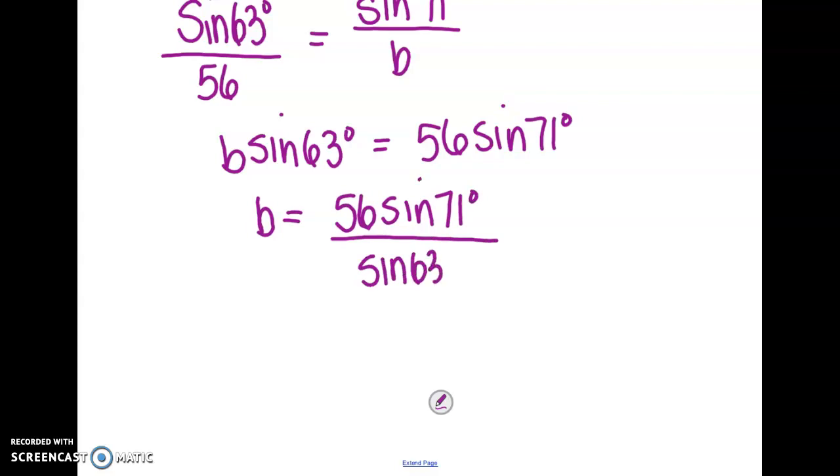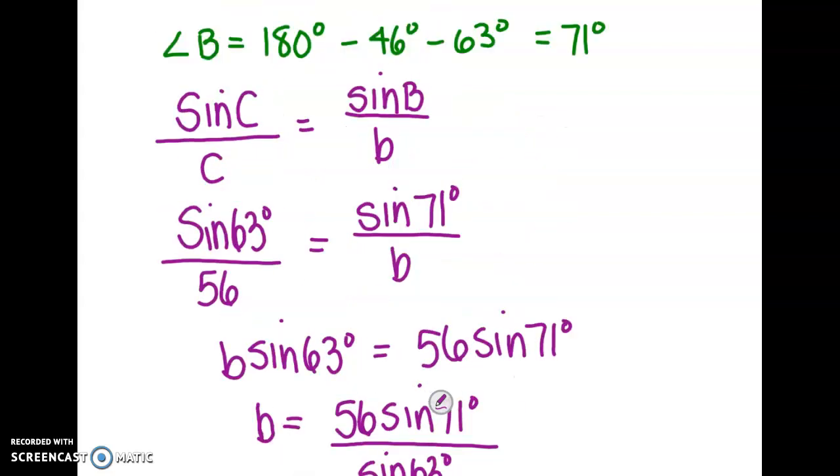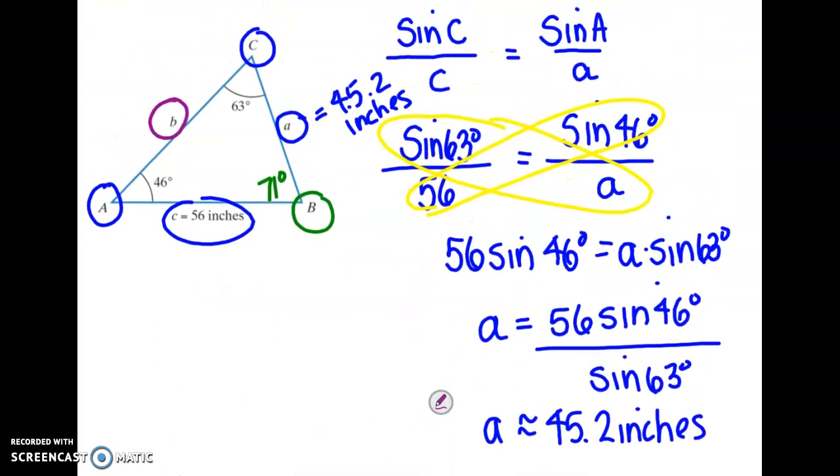Again, type it into our calculator and simplify it, and we're going to get b to be about 59.4 inches. We've now found all three missing angles and sides in this triangle.